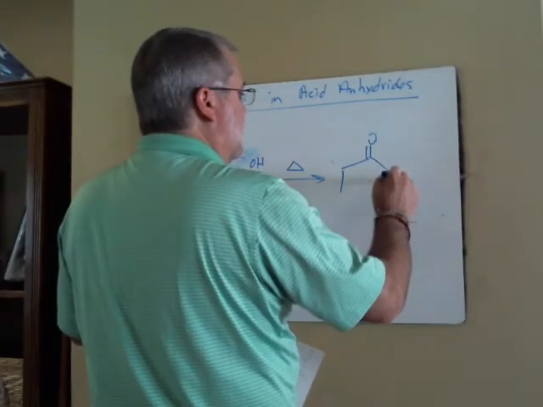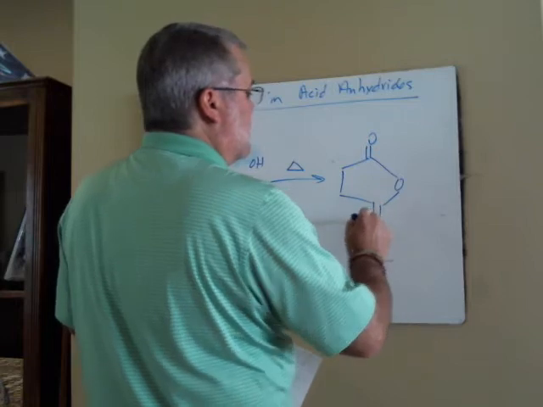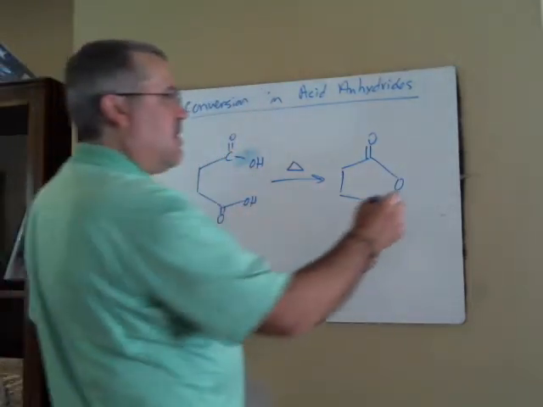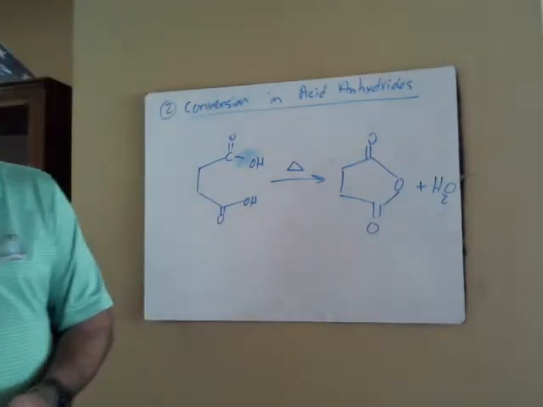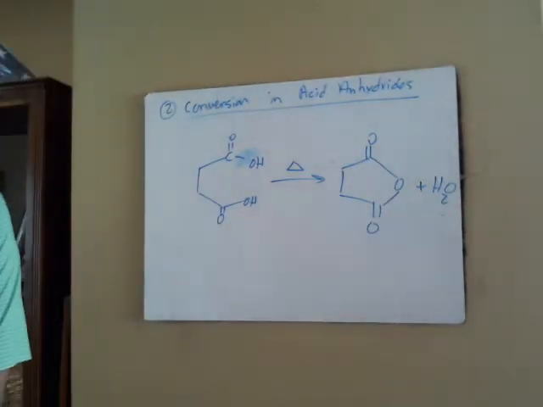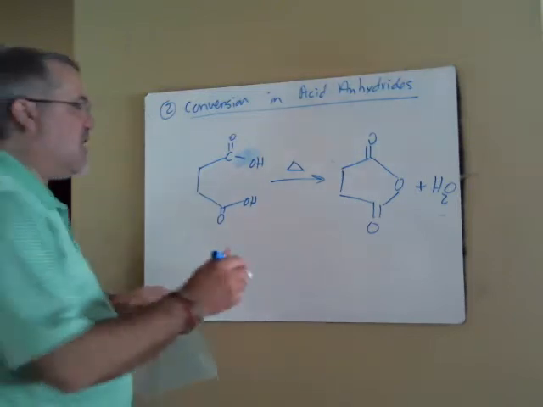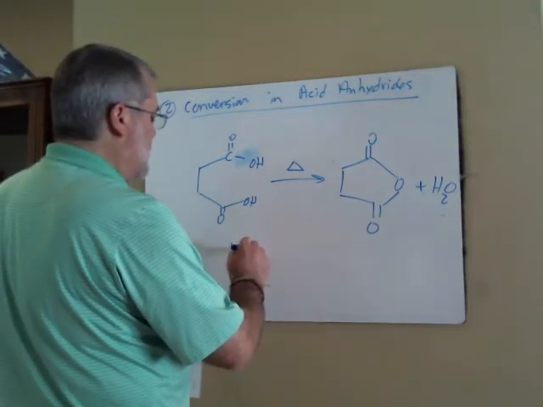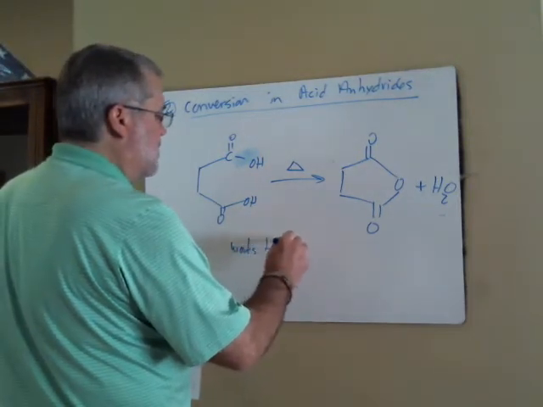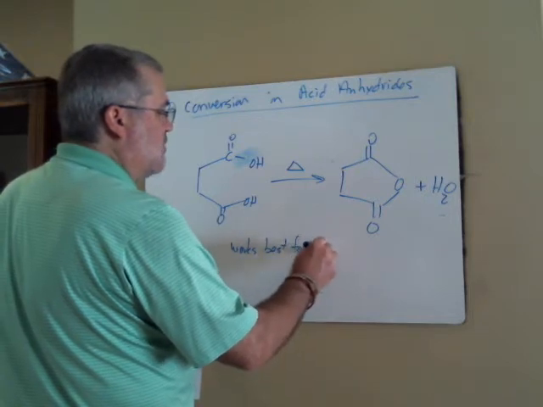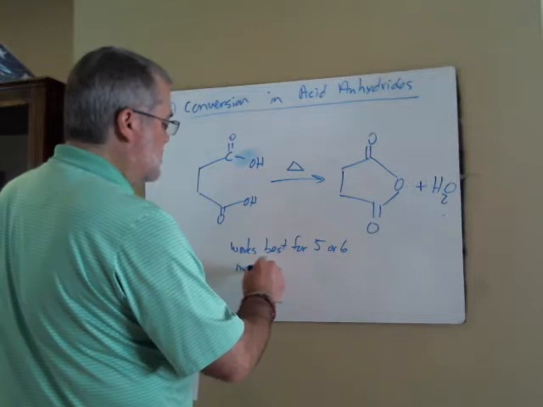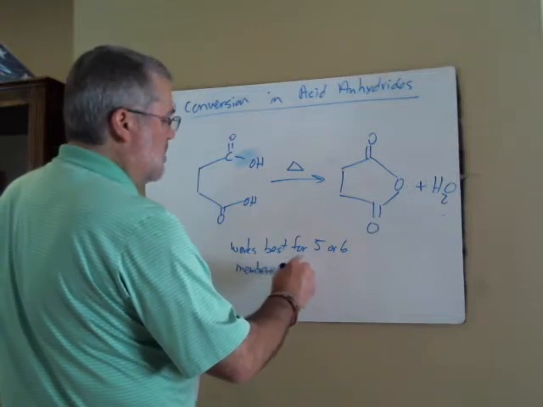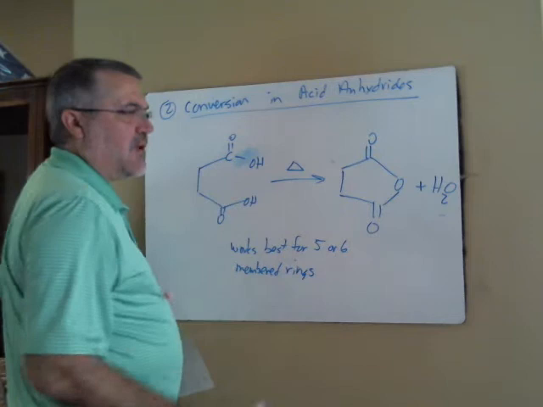And so you basically form the acid anhydride plus water. All right? And it works best in a case like this where you're forming a ring. It works best for 5 or 6 membered rings in the context of what you're forming.